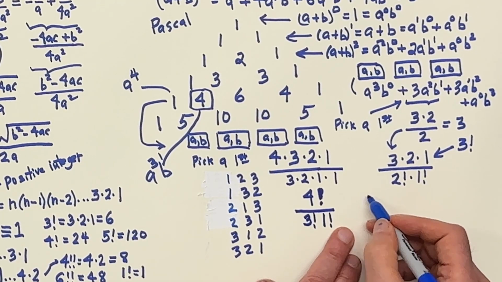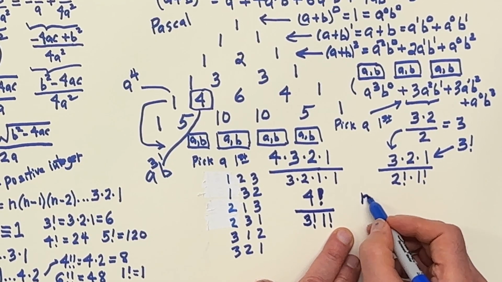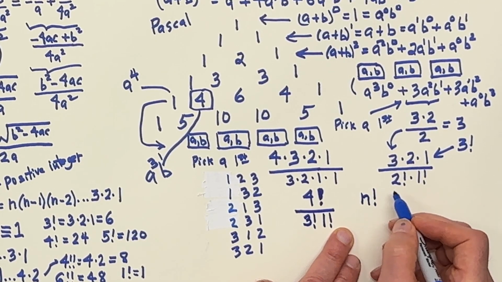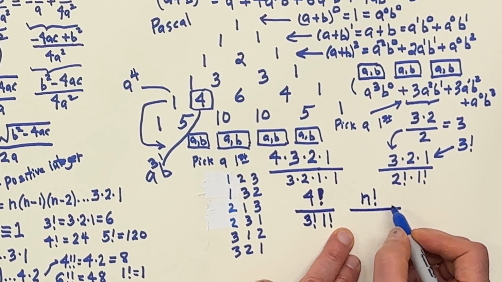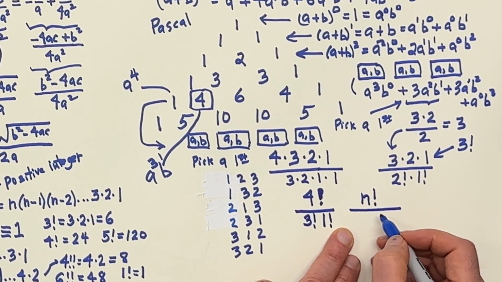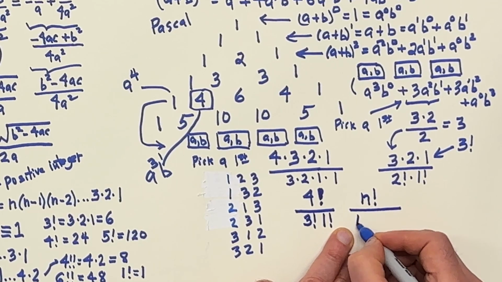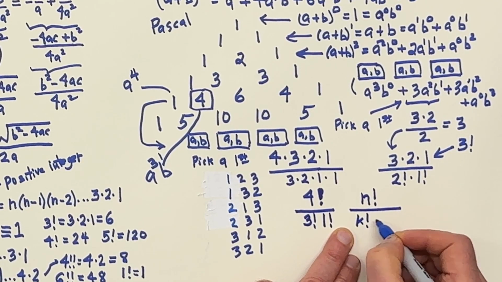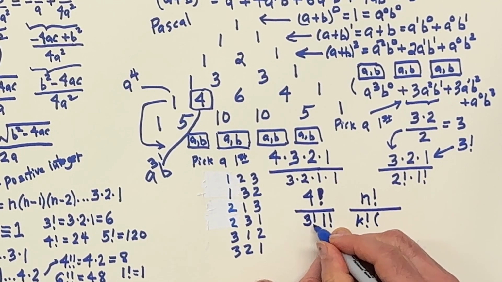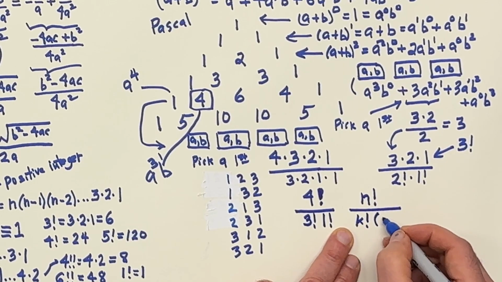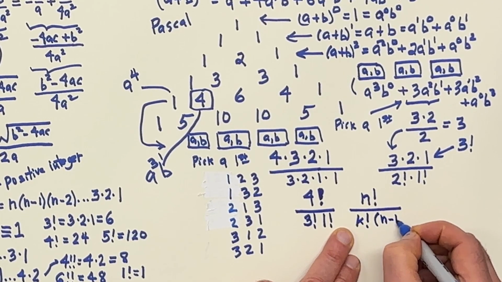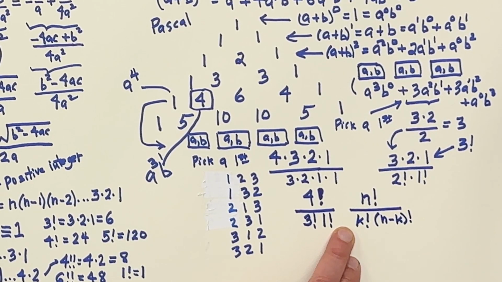So could it be that the general formula is n for the number of fruit, n factorial, and then say we pick k apples, we would have k factorial, and for bananas you would have n minus k factorial? I mean, could that be it?